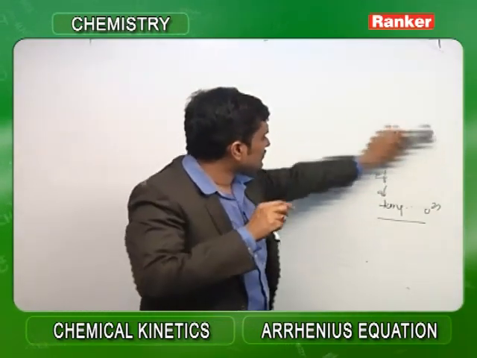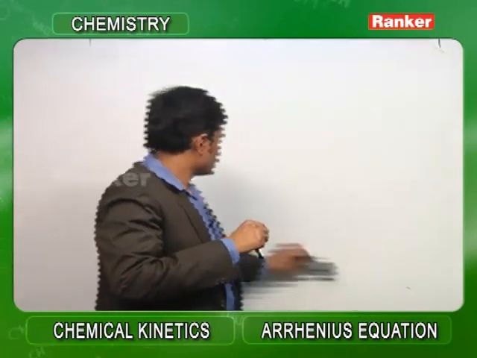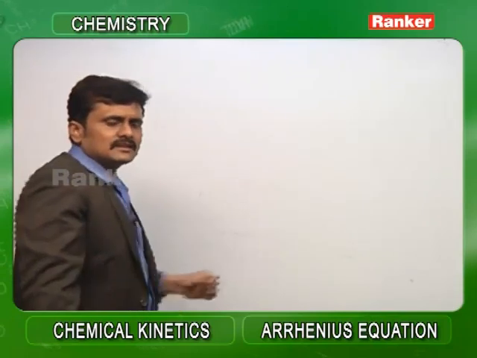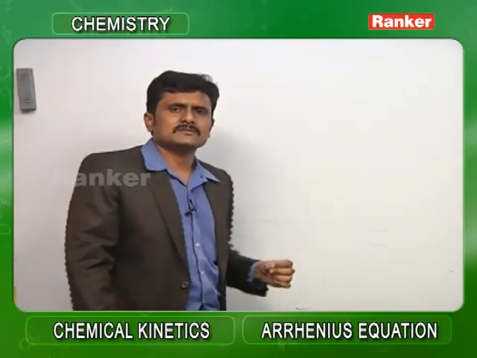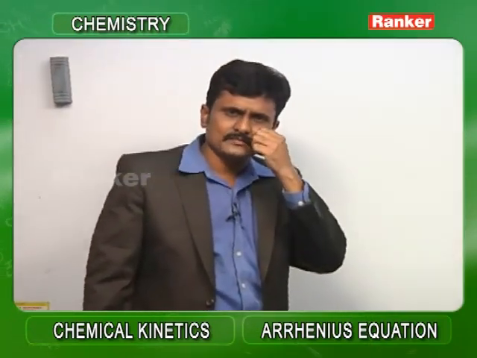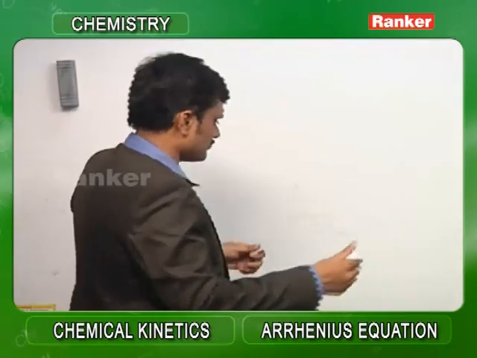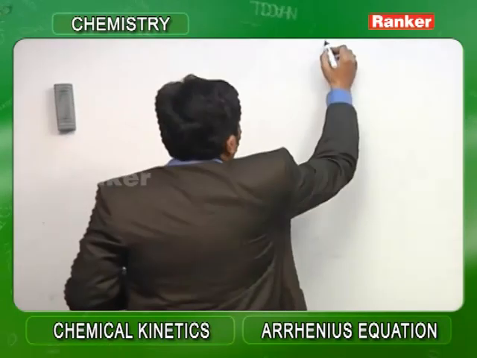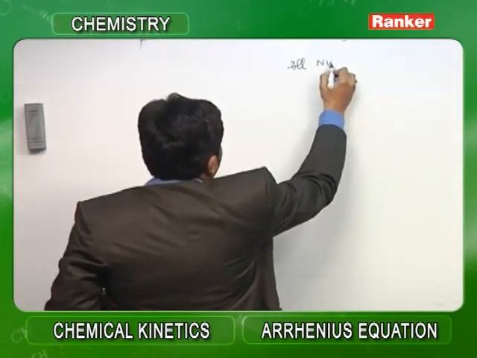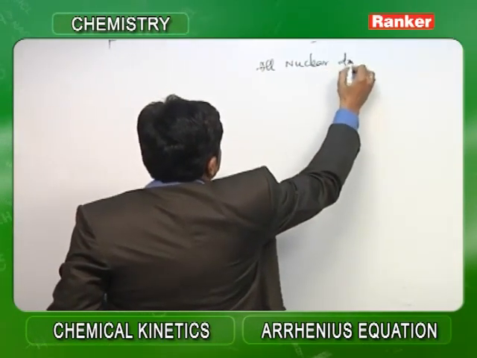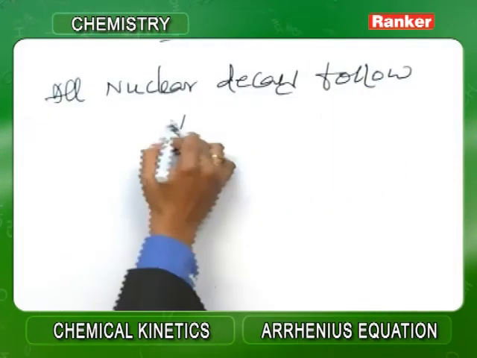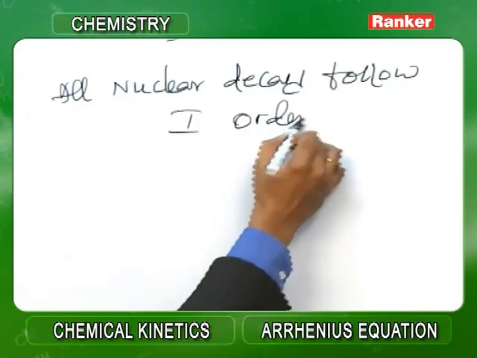if there are questions asked related to this particular chapter, let me give you a simple question which was asked previously in JEE. These questions may even be related to radioactivity, as we all know that all nuclear decay follows first order kinetics.